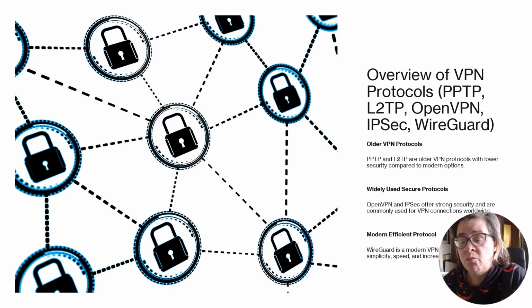WireGuard is another one, a modern, efficient protocol. IPsec is widely used, as are WireGuard and OpenVPN. PPTP and L2TP are simple and much faster, but they're not used very much. WireGuard is more modern too, so it's used quite a bit as well.